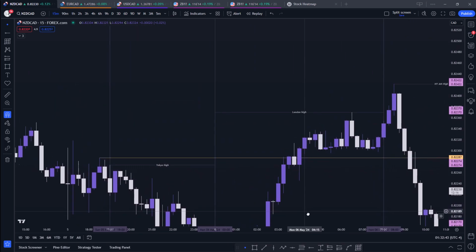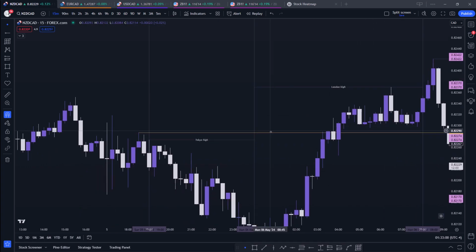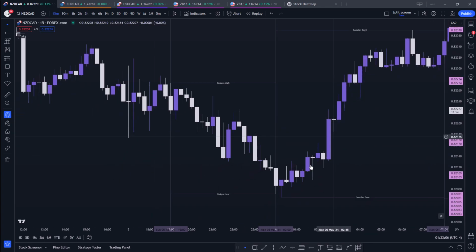So let's look at the London session high. We can see the London high was created at this point. We traded lower. Then during the New York AM session, we can see we swept the London session high. And at this point, what do we expect? Well, we have all these swing lows: this one there, this one here and there, and of course the London session low. But realistically, what's the most important liquidity level in this case?